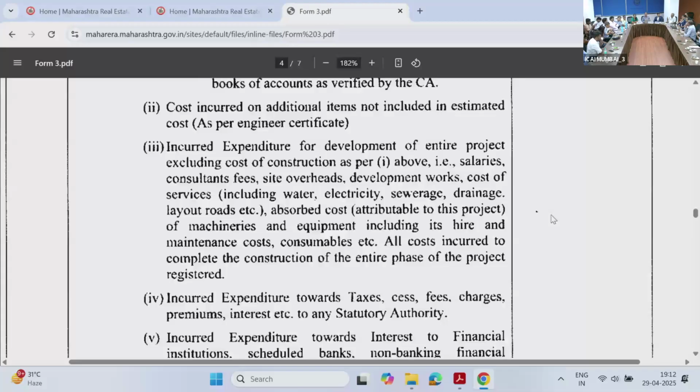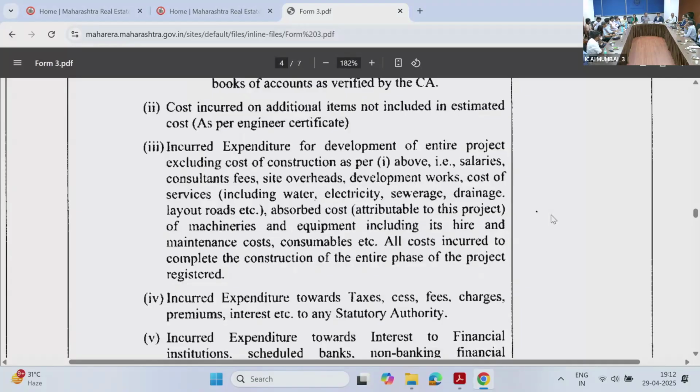So what should come in that second clause? Cost incurred on additional items not included in the estimated cost as per engineer certificate. If you see the Form 2 of the engineer, the construction cost is specifically given. Additional cost, if I consider from my perspective, Bhavesh can rectify, there can be other amenities as part of the construction cost.